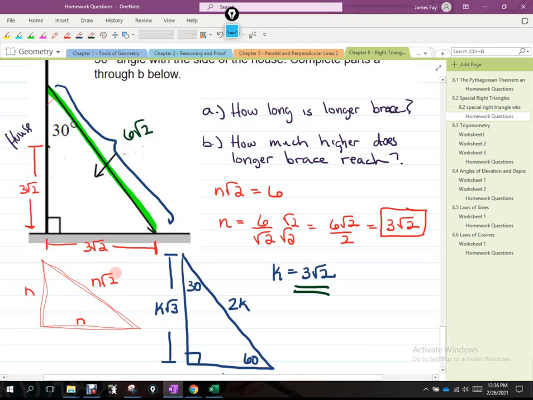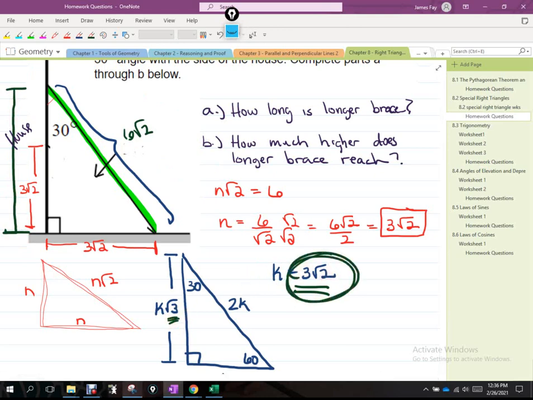That make sense? Okay. Now, this distance right there is going to be K times our radical 3. So if I take 3 radical 2 times radical 3, that becomes 3 radical 6.